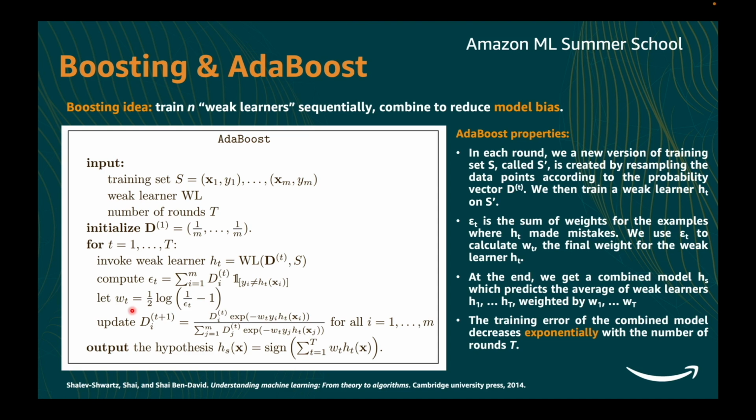Then the final step in the AdaBoost procedure is that you update the probability scores for each example in the dataset, right? And you update it as follows. You take the exponential of the negative of this weight, you multiply it by the label, so you take the prediction and you multiply that with the true label.